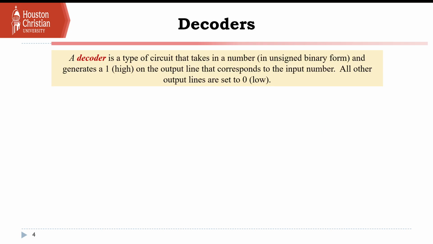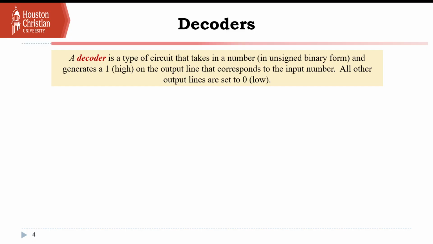A decoder is a type of circuit that takes in a number in unsigned binary form and generates a 1, or a high, in the output line that corresponds to the input number. All other output lines are set to 0, or low. So at most you could have only one high output; everything else has to be 0.